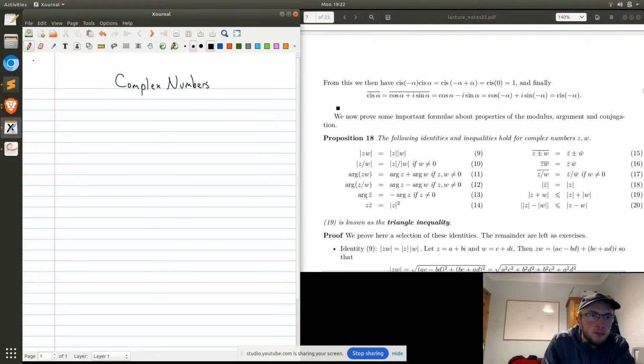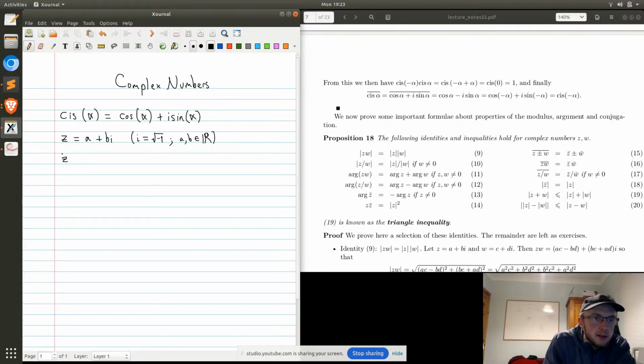So last time we saw this piece of notation, cis alpha, and I believe that this was cosine alpha plus i sine alpha. And we learned about a complex number, which in general is something of the form a plus bi, i meaning the square root of -1, and a and b both being reals.